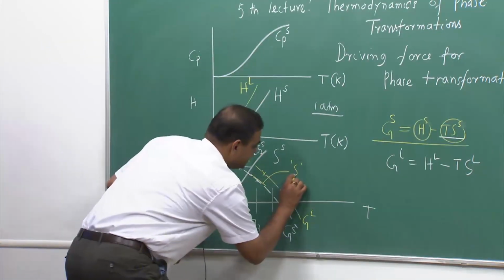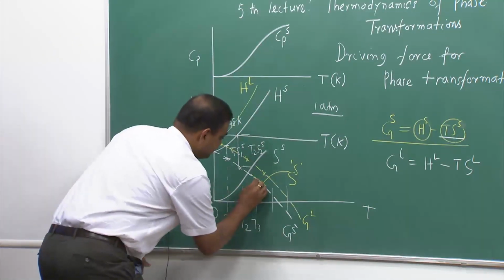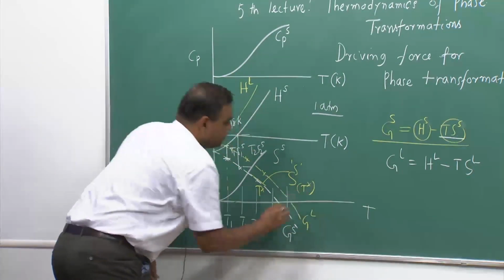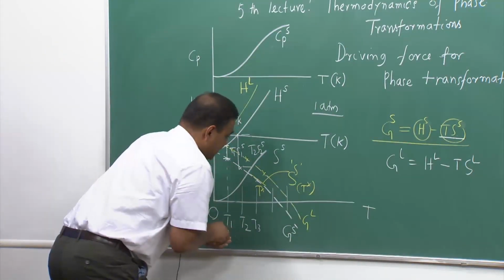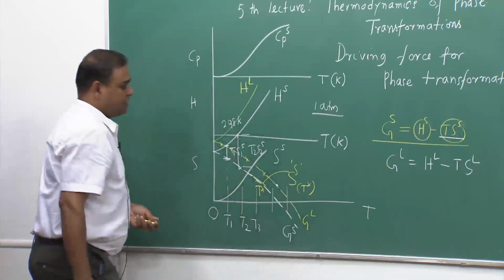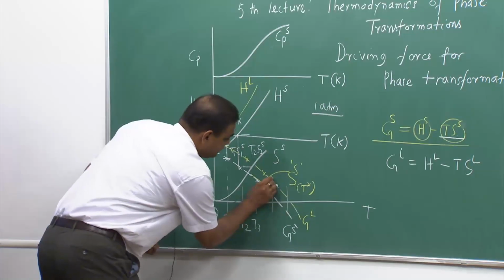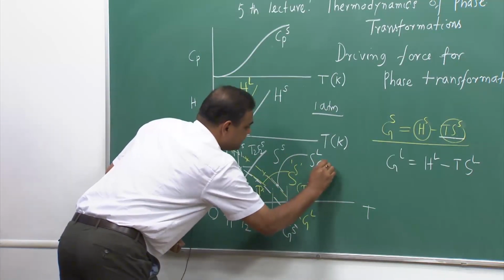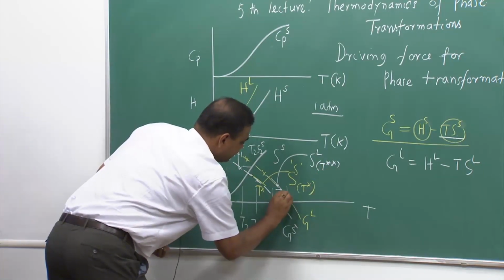So, this is entropy of solid, and if I take this temperature to be T star, so this is at T star. Similarly, if I try to find out entropy of liquid at this point, then that would be my S of liquid at T double star, let us say. This is my temperature T double star.